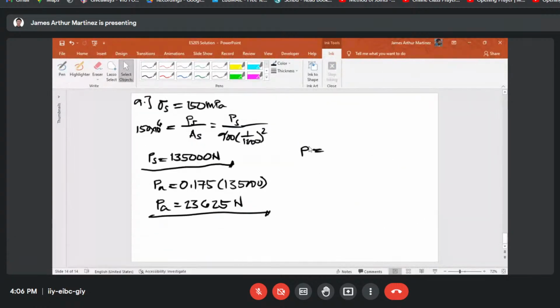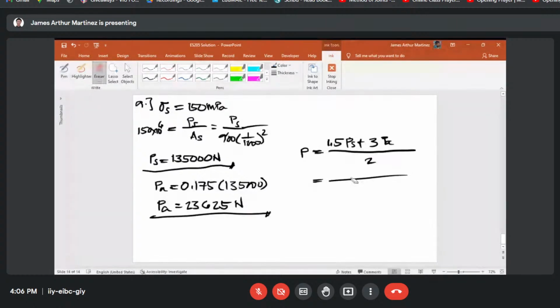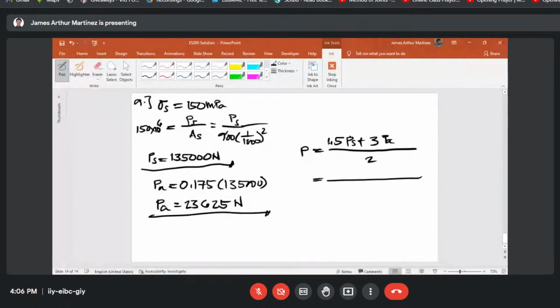So, 1.5 times PS plus 3 times PA, all over 2. Substituting the values, you have 1.5 times 135,000 plus 3 times 23,625, all over 2.